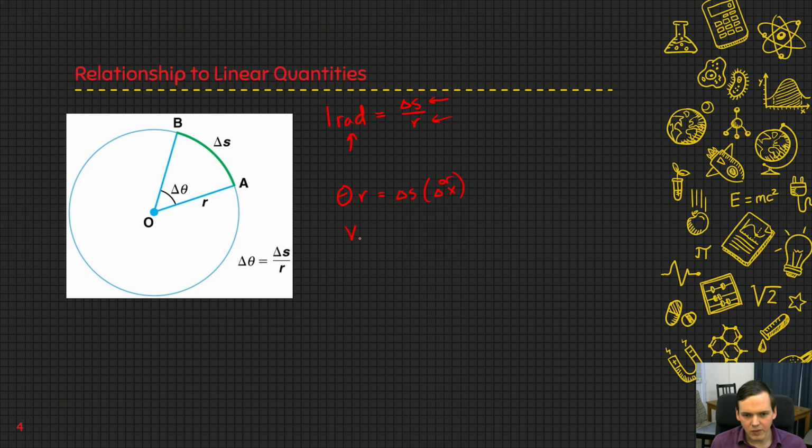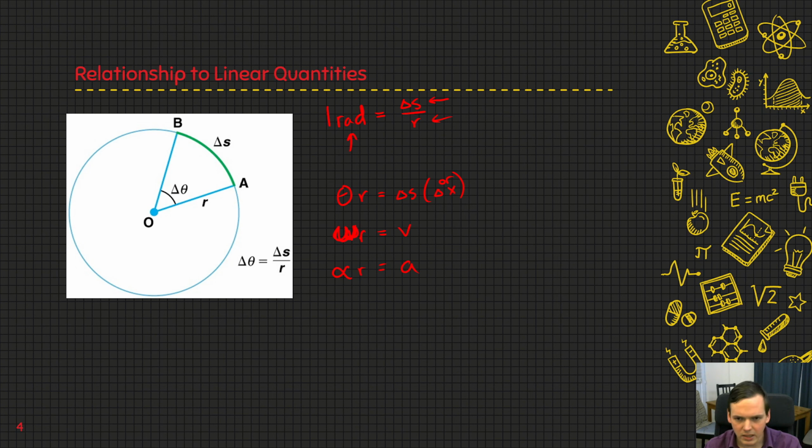You have omega times R is equal to V, and alpha times R is equal to A.